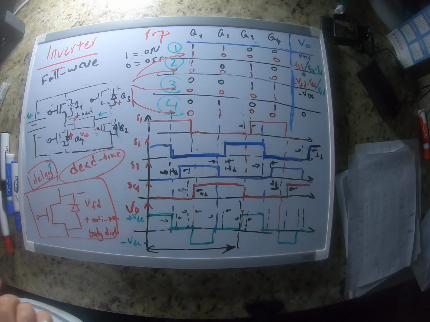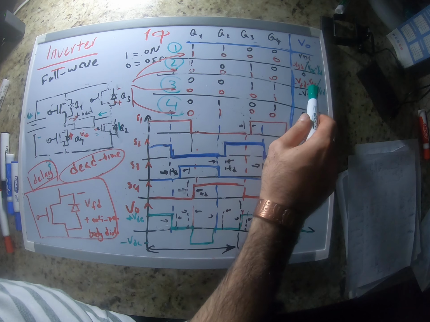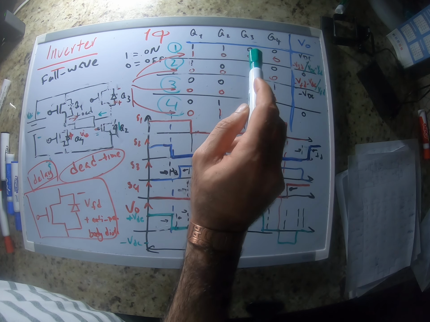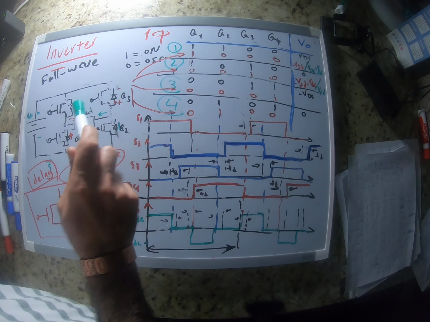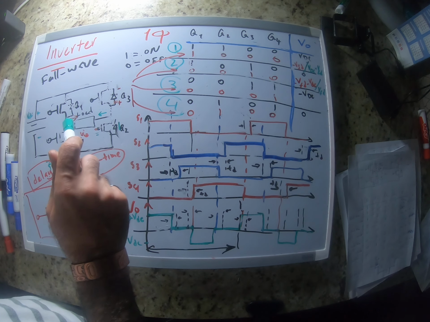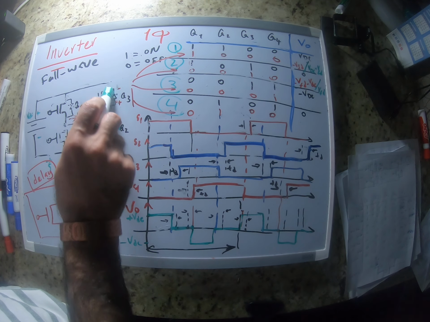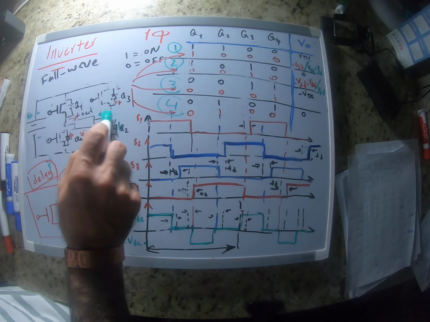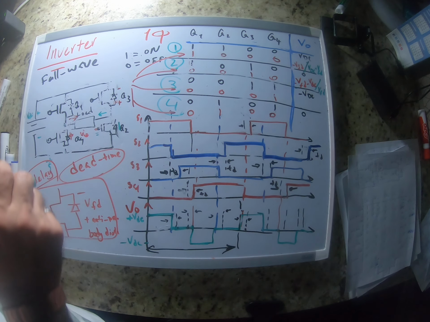Okay, so we did that one. Now we have state 3, when we have switch 3 and switch 4 on at the same time. This is how the current goes through. It goes through switch 3 and switch 4.